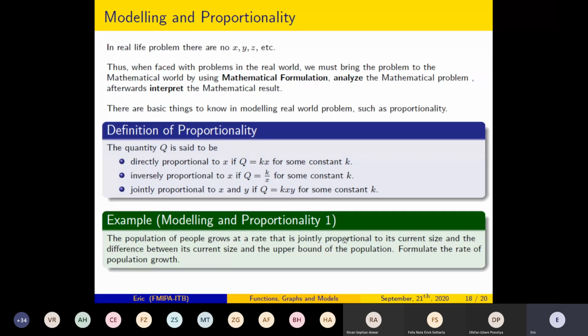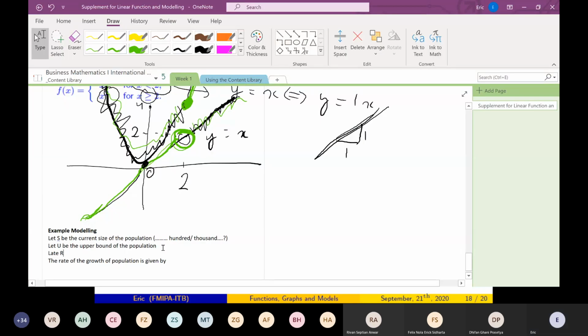Jointly proportional, okay. Maybe let R be the rate of the growth of the population.